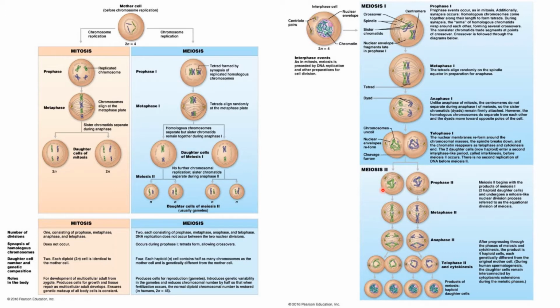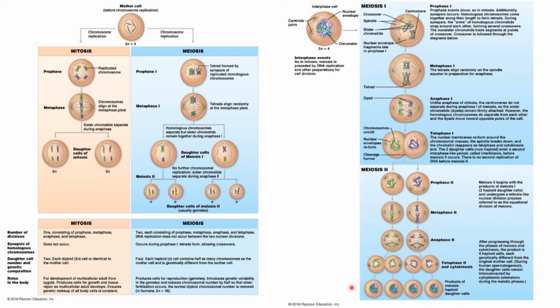Then we enter into the second division. We refer to the stages as prophase 2, metaphase 2, etc. And at the end of the second division, we get four haploid daughter cells. So those are going to be carrying half the number of chromosomes.